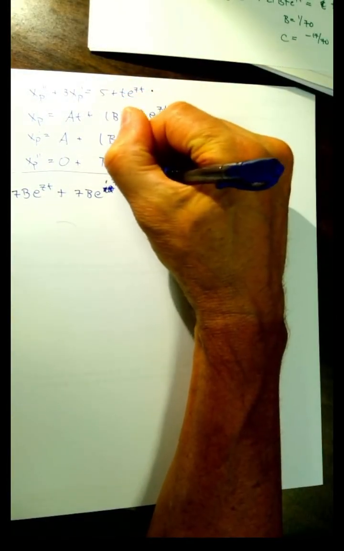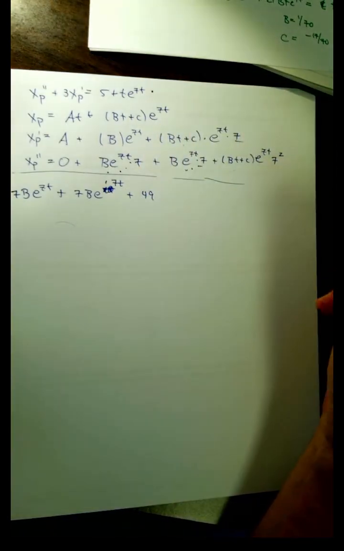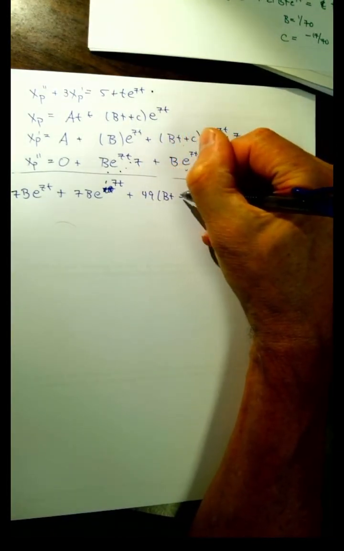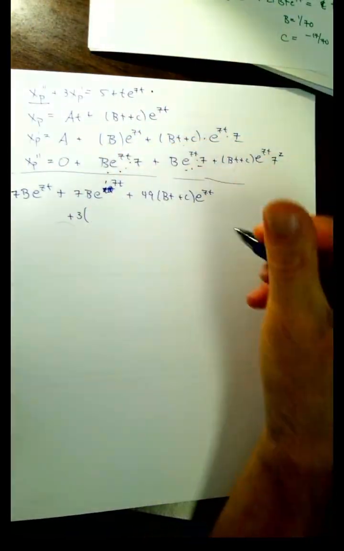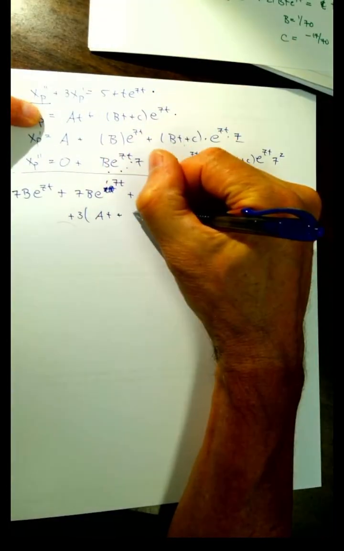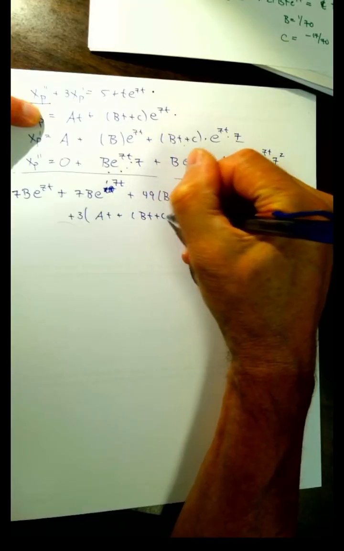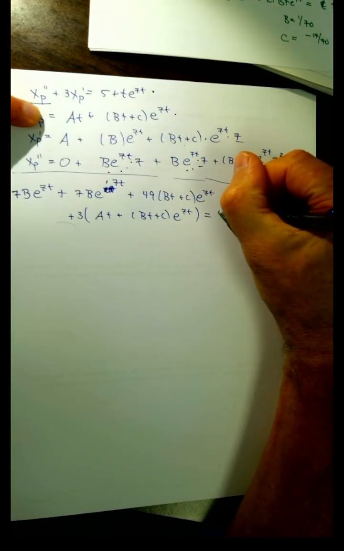That was bad writing. So this is 7t. That took care of this term, and now this term becomes 7 squared, or 49, Bt plus C, e to the 7t. That's my xp double prime, plus 3 times xp. So 3 times this term is 3A plus the quantity Bt plus C times e to the 7t. All has to add up to 5 plus t e to the 7t.